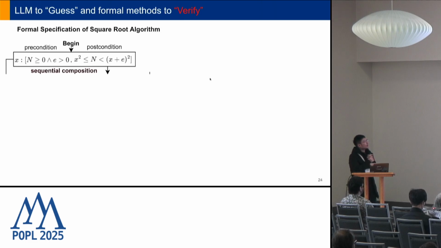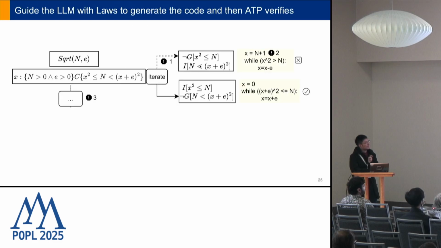So for example, still the square root algorithm, we have a formal specification with an error bound e. We want to find an x such that x squared is less than or equal to n, and (x plus e) squared is larger than n. Basically, we can split the postcondition into two parts. One part is the invariant and the other part is the negation of the guard condition of the while loop.